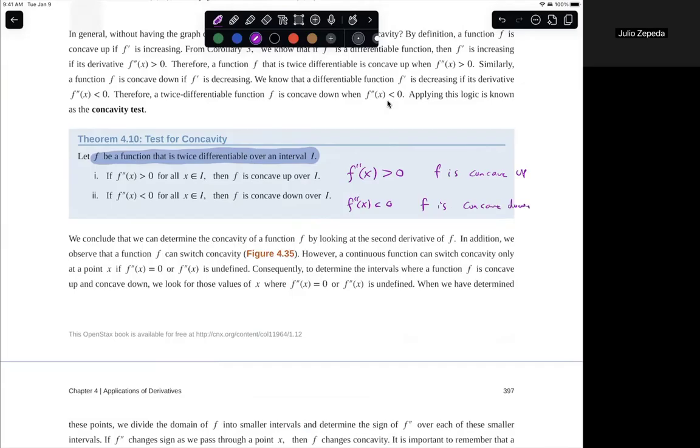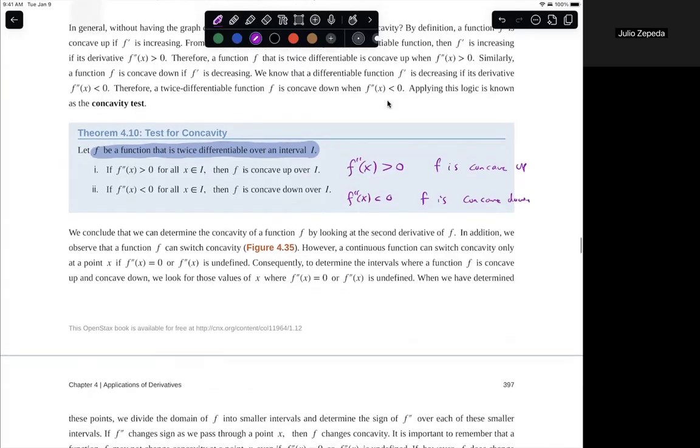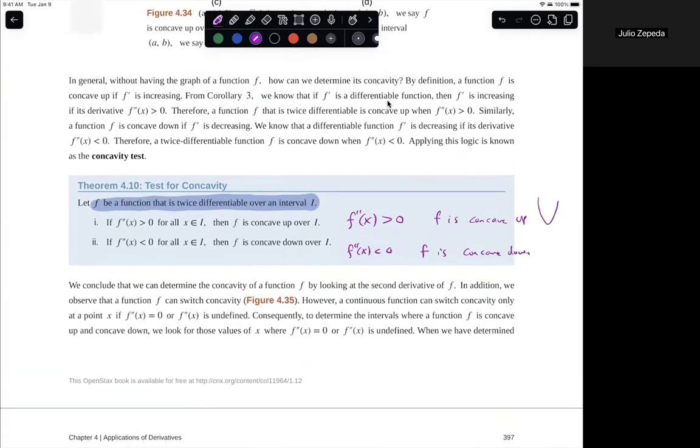So we can also use this to find local extrema. If it's concave up, like y equals x squared is, then that could imply there's a local minimum somewhere. Or if it's concave down at a critical point, then that could imply there is a local maximum.